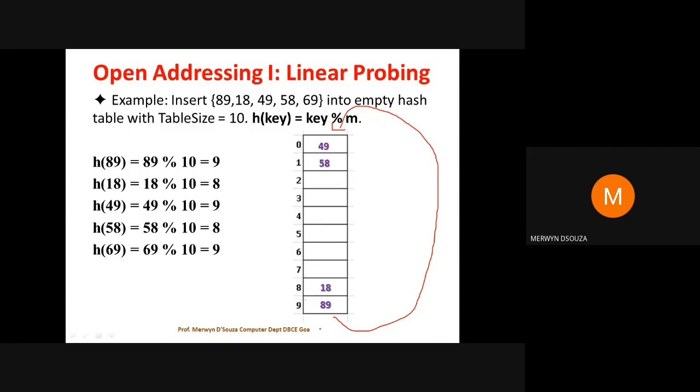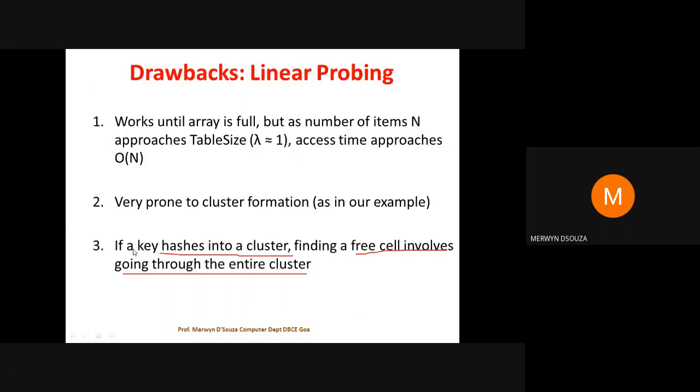The end of the table is touching the front of the table. So when you try to insert this 69, it gets hashed to this cluster. So finding a free cell involves going through this entire cluster. You check 89, 49, 58, and then you find a free slot for it here. So if a key hashes into a cluster, finding a free cell involves going through the entire cluster.